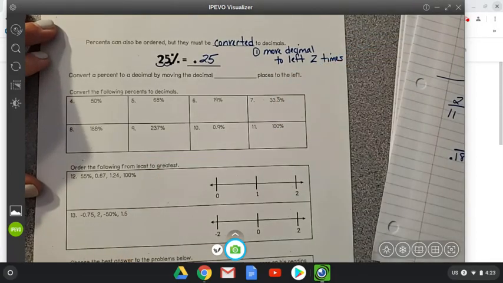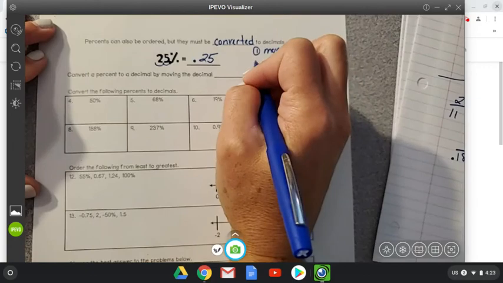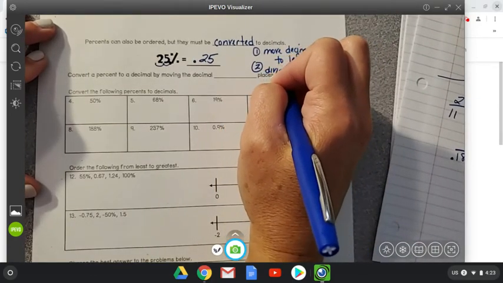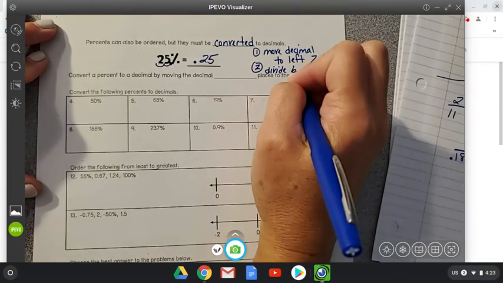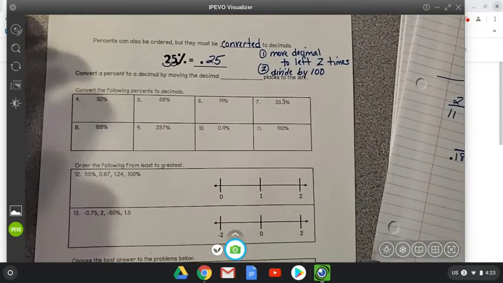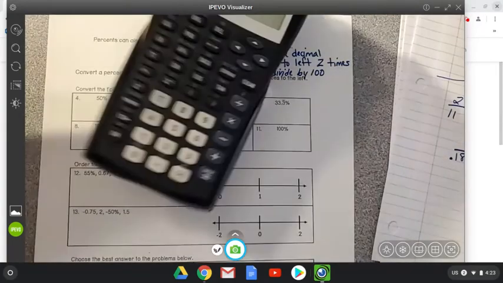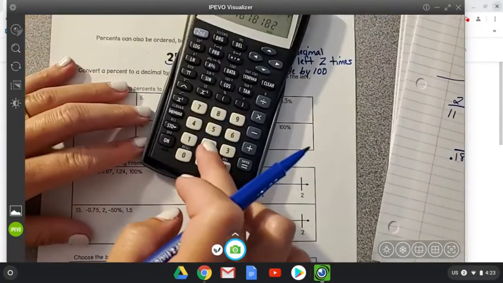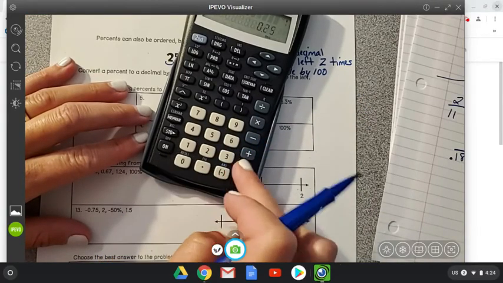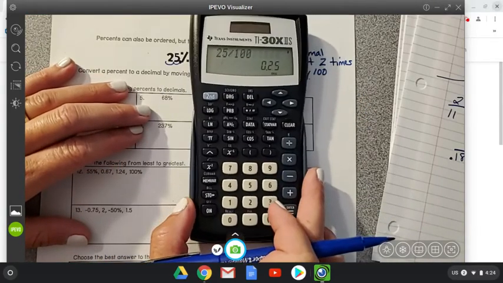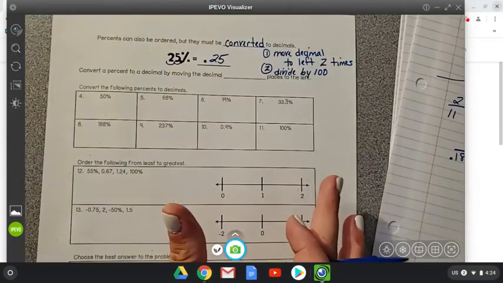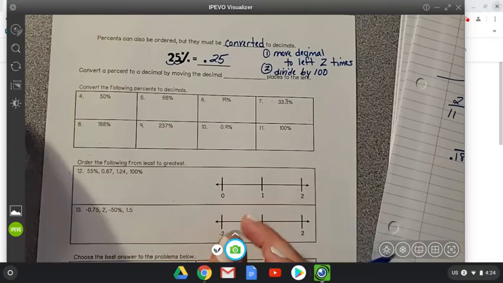Okay? The second way is to divide by 100. It does the exact same thing. So if I were to, in my calculator, take 25 divided by 100, it's going to give me 0.25. So you can either move the decimal point to the left or you can divide by 100.